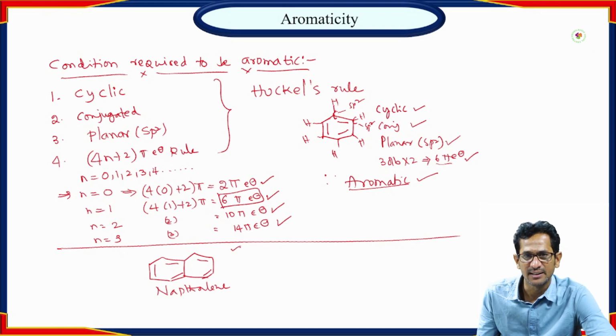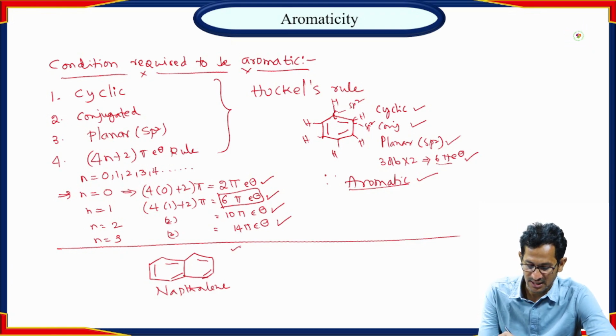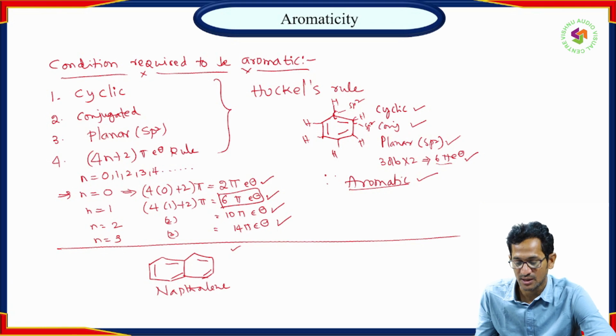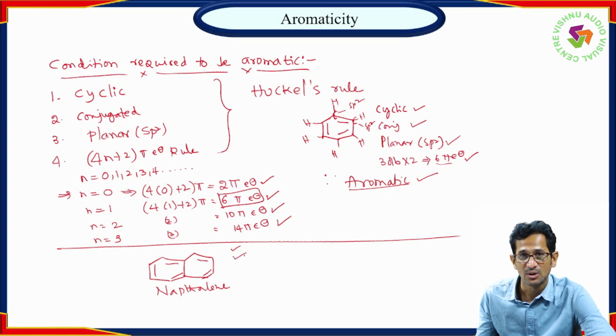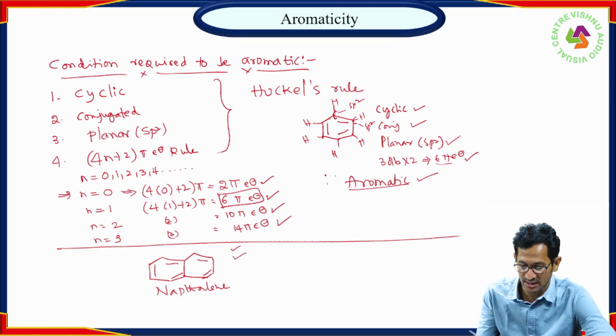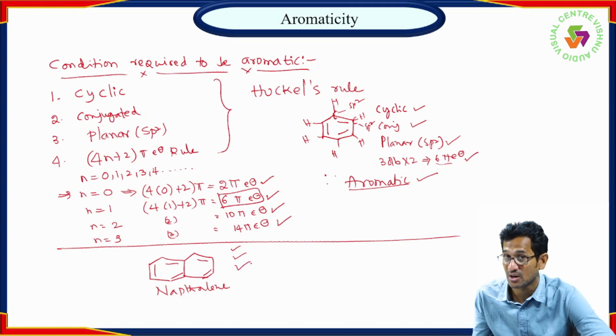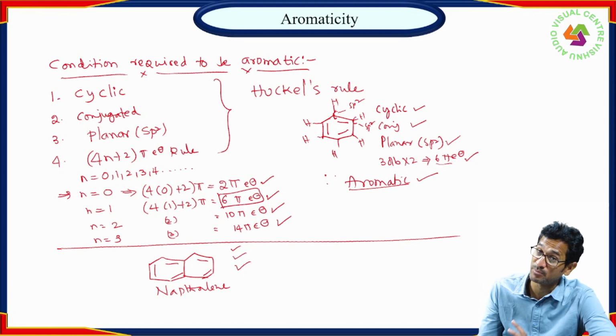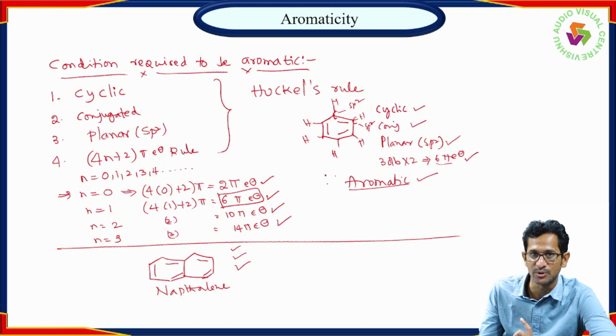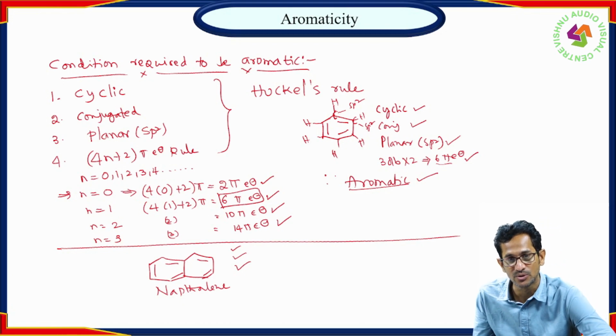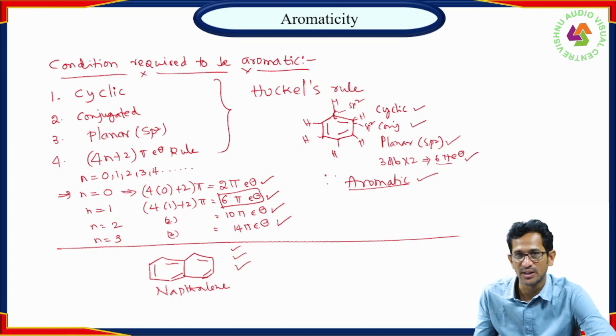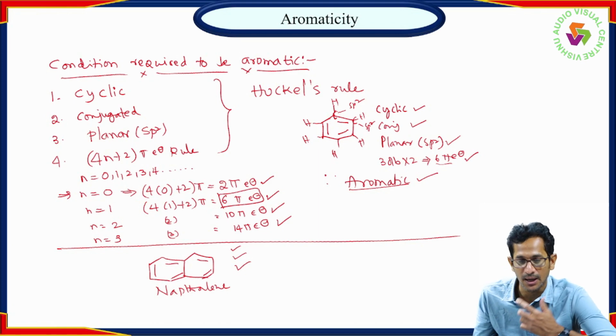Obviously it is cyclic in nature because of the cyclic structure. The conjugation is also there, alternate double bonds are there. Once it is a conjugated skeleton, it is planar in nature because all the carbon atoms of that molecule are sp2 hybridized. The last one is Huckel's number.